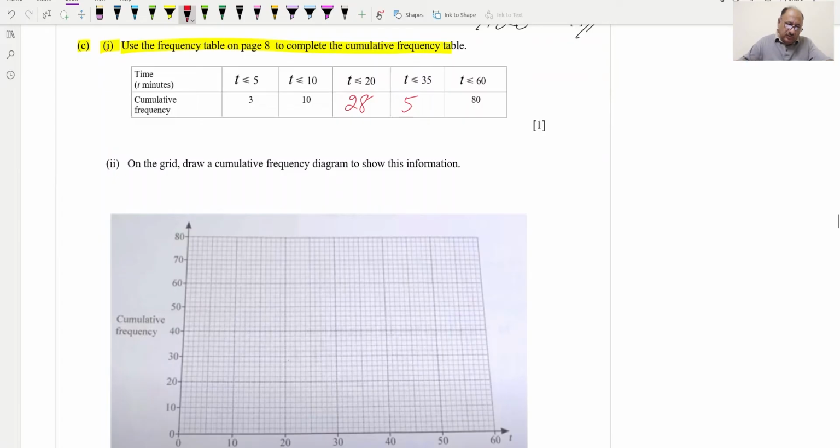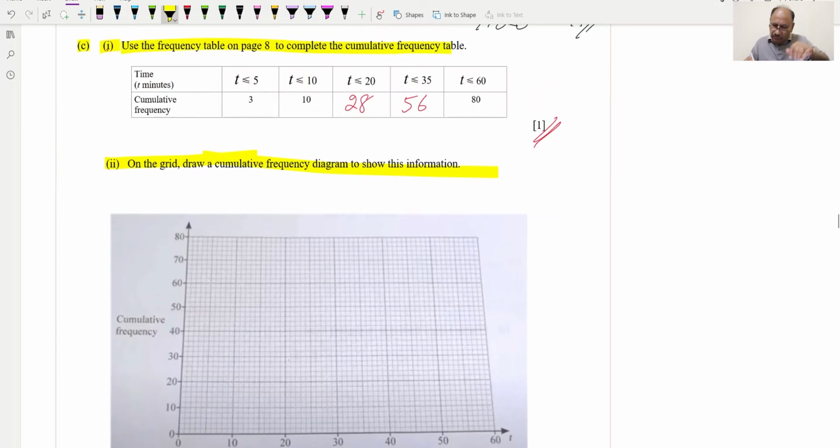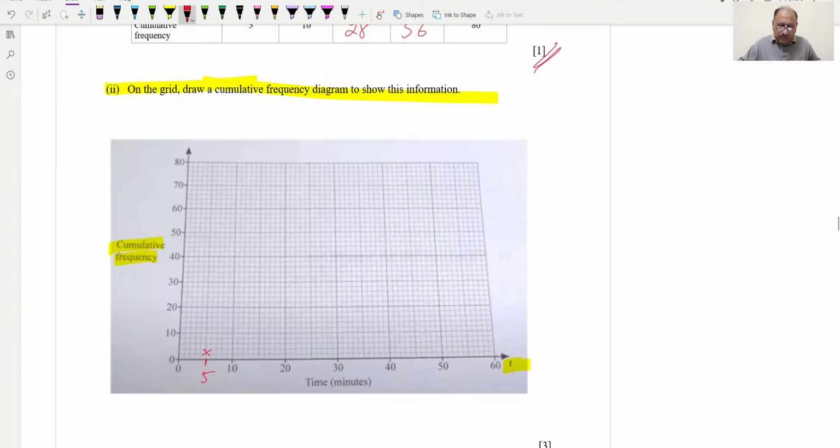This is done. And then the second part says on the grid draw the cumulative frequency diagram to show this information. So t is on this side and cumulative frequency is on this side. So for 5 it is 3, so we can indicate 5 and 3, 5 will be this one, and 3 will be this point. We have taken 5 over here, and next is 10 and 10.